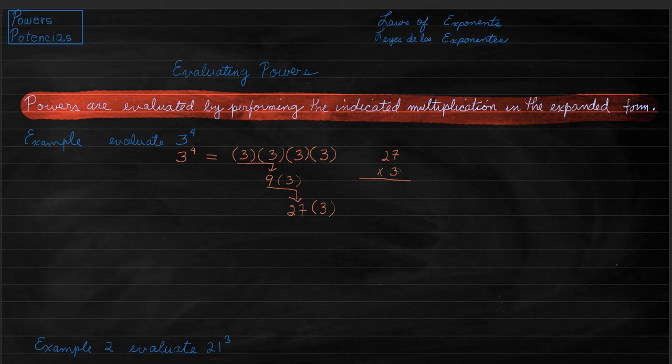We multiply 3 times 7 is 21 and carry a 2, and 3 times 2 is 6 plus 2 is 8. So 27 times 3 gives us 81. This is what we call the value of the power. 3 to the 4th power has a value of 81.